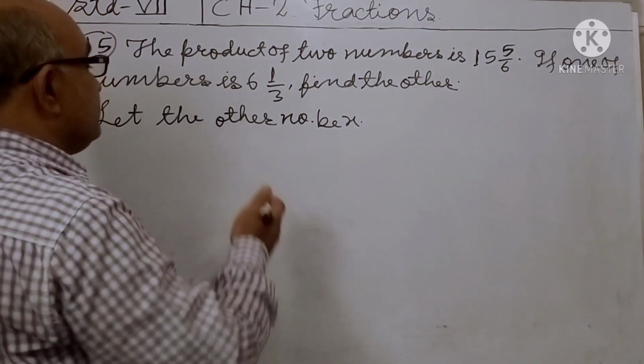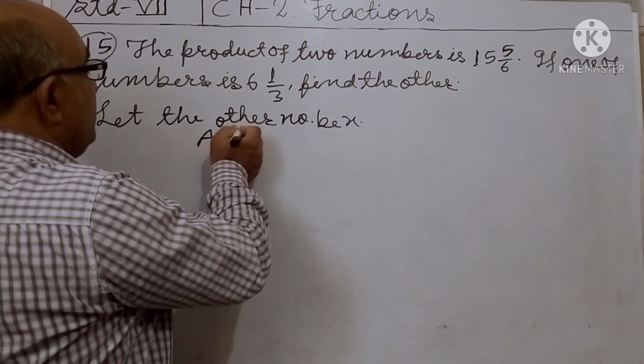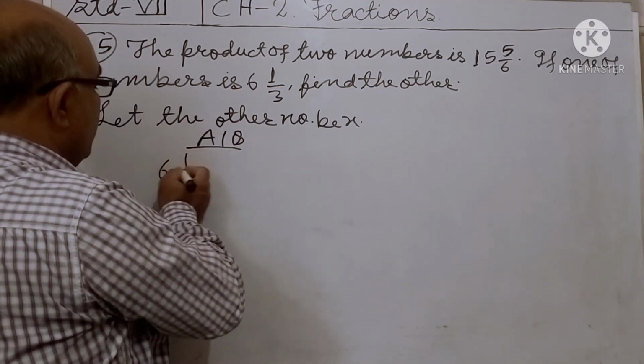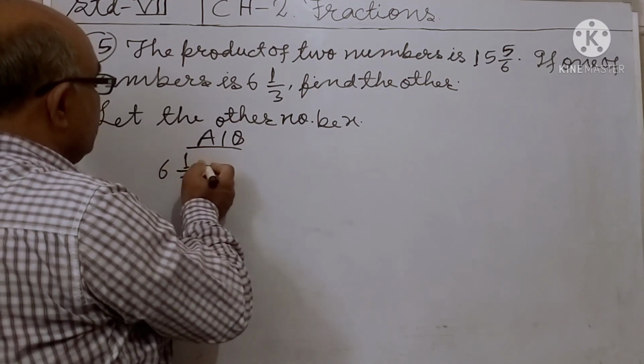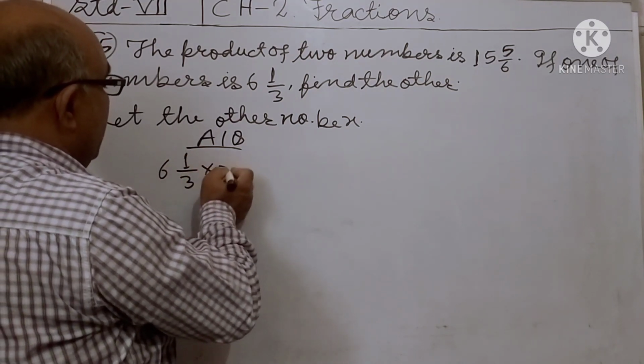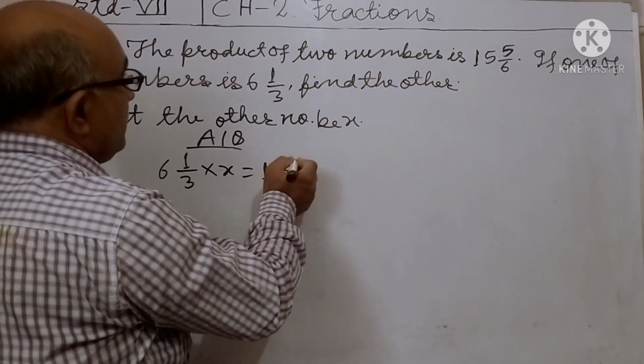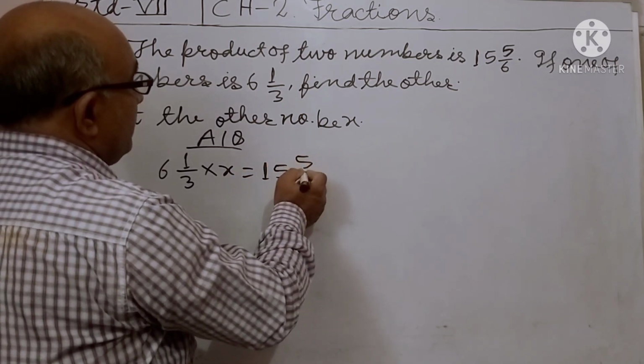According to the question, one number is 6 whole 1 by 3, multiplied by x, equal to 15 whole 5 by 6.